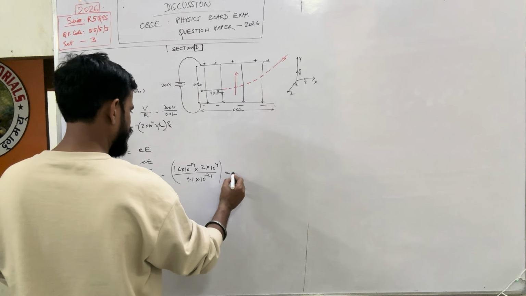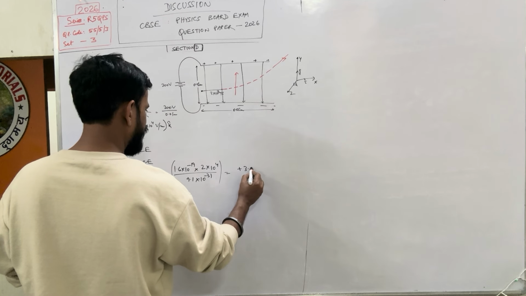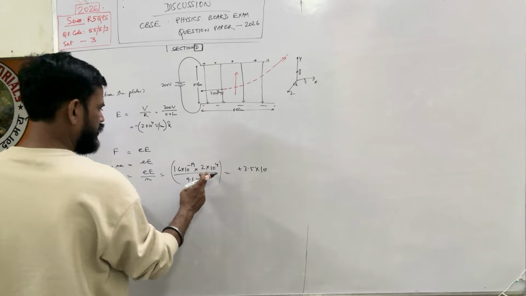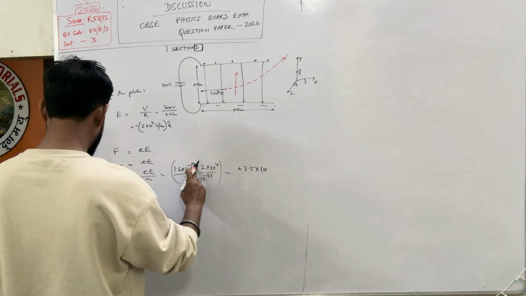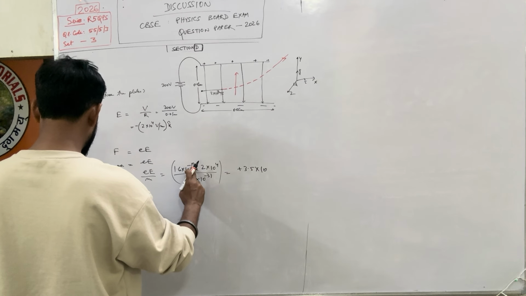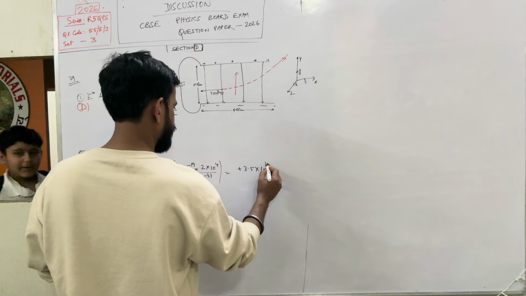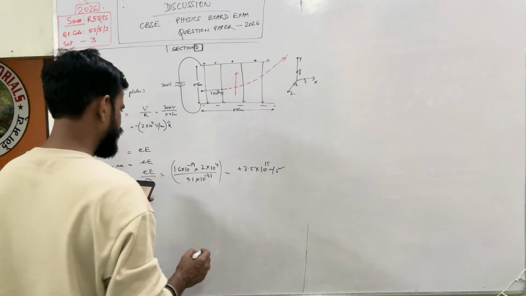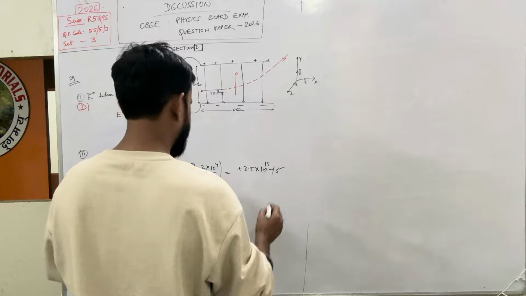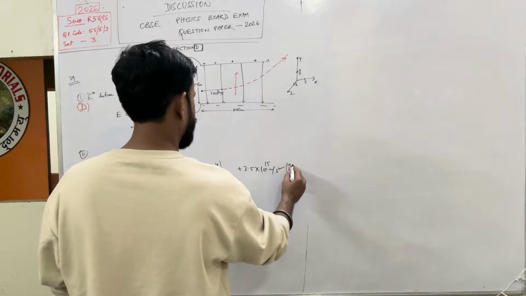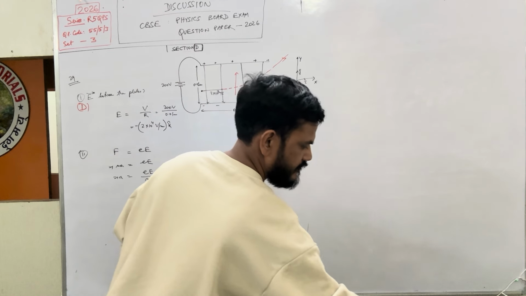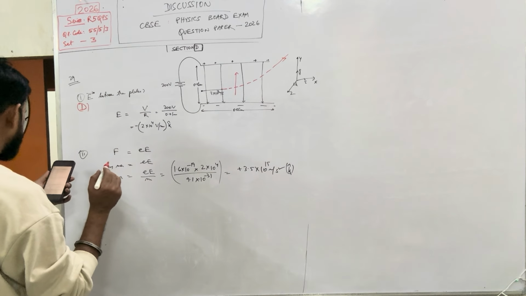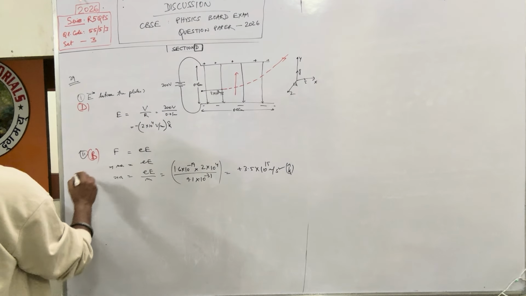So it should come out to be plus 3.5 into 10 to the power 15 meter per second square, towards the positive k direction. The correct answer should be B in this case.